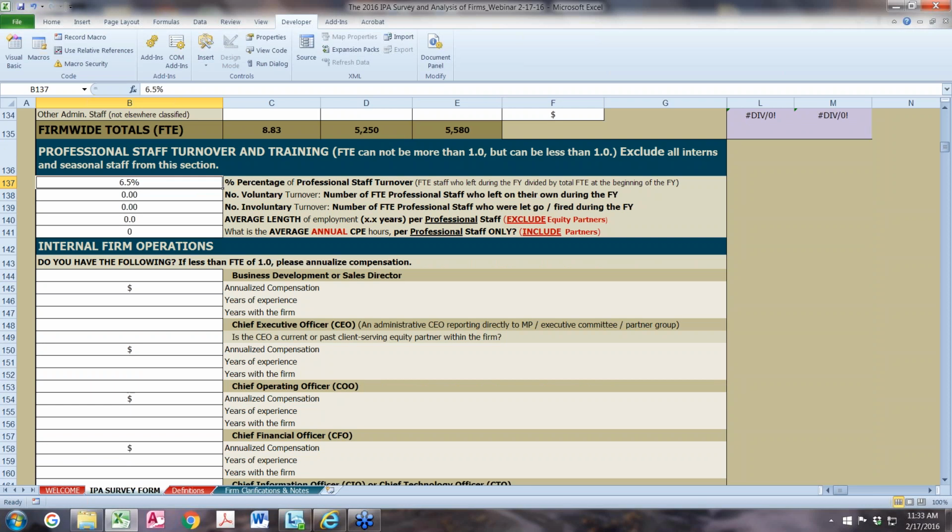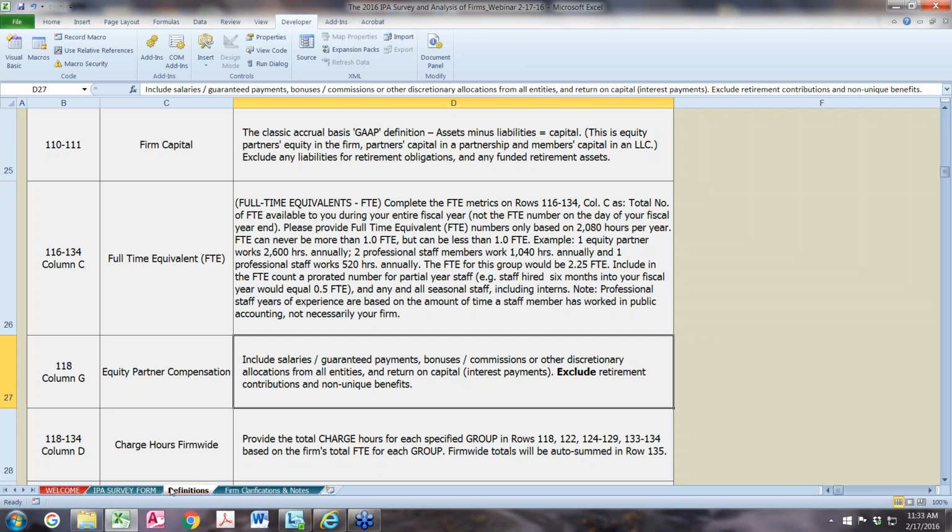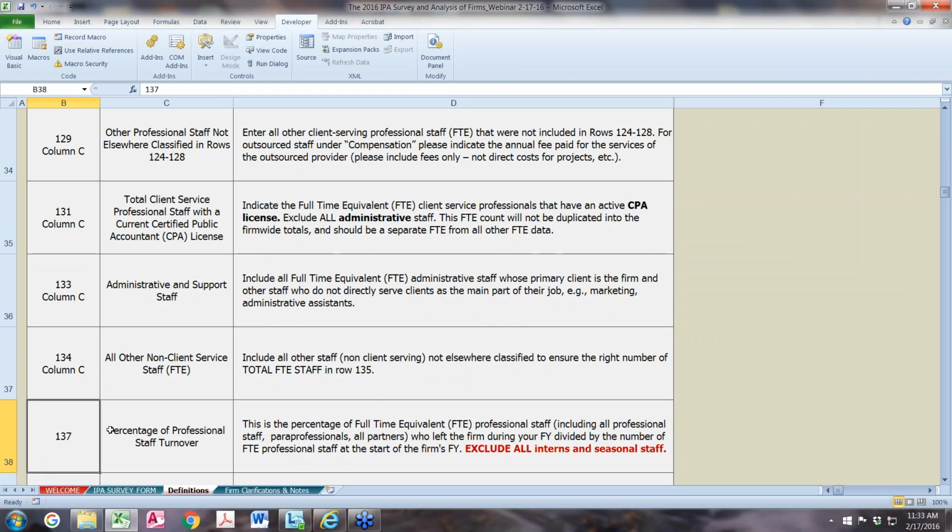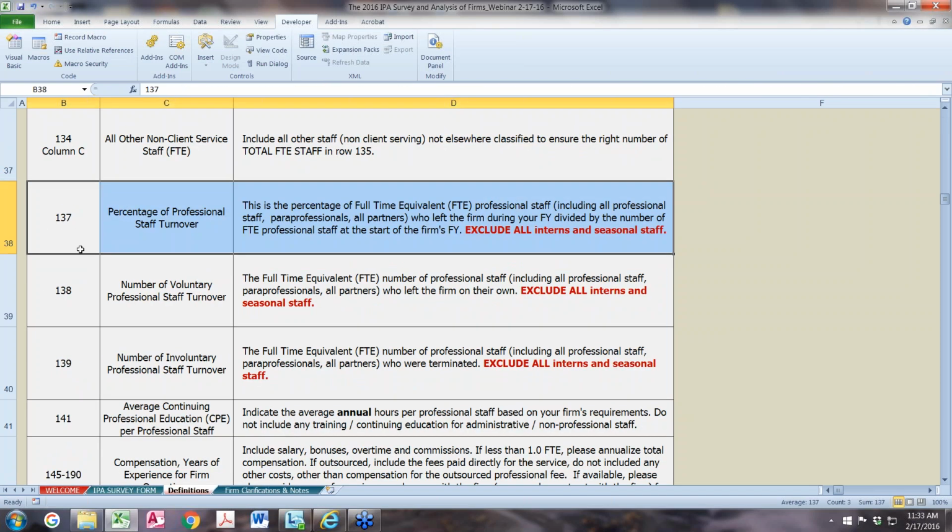Please exclude all interns and all seasonal staff in the calculation for row 137. Again, flip over to the definitions, and this will give you the full explanation of what we are looking for.